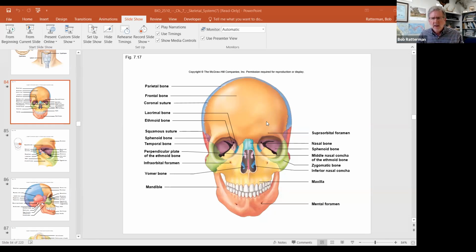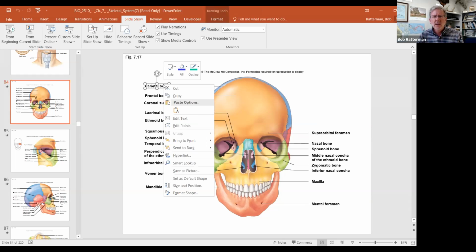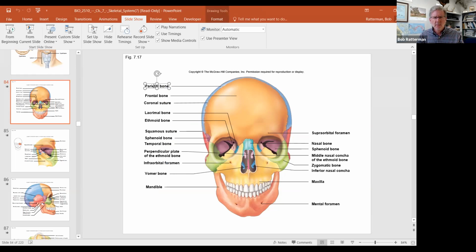So structures on this particular view of the skull that you would want to know would be, I wonder if I could, gosh, can I color code this? Never tried this before. I think I might be able to.